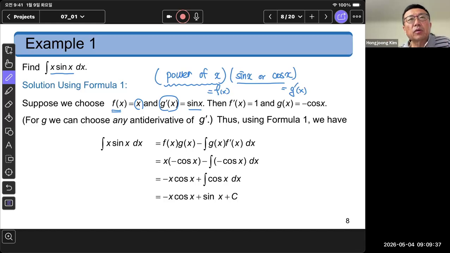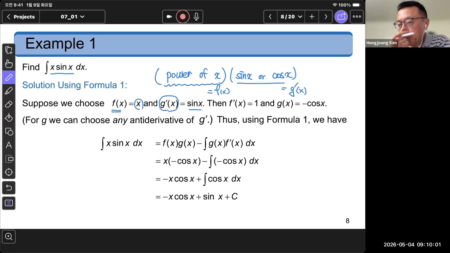I mean, you can call power of x as g prime and sine x or cosine x as f of x. But if you do that, the power of x increases, and the problem becomes more complicated.